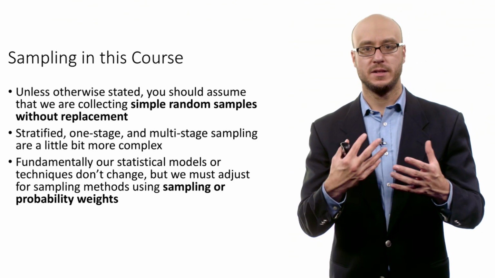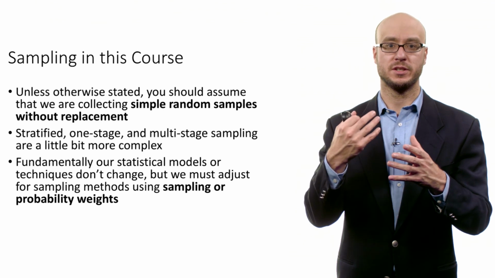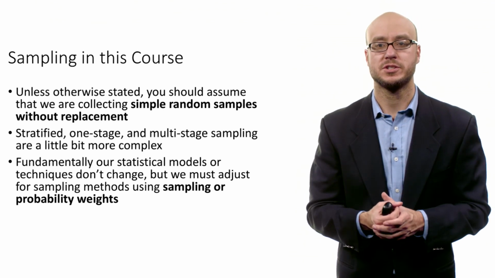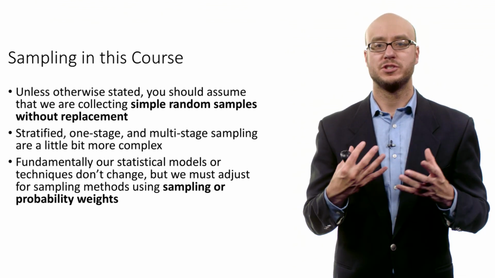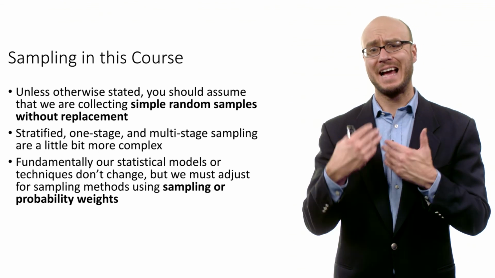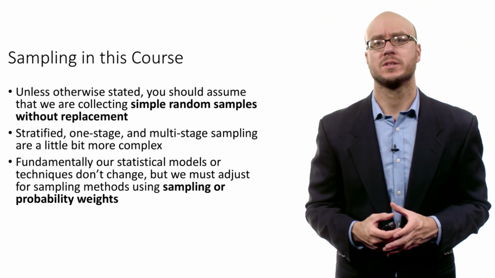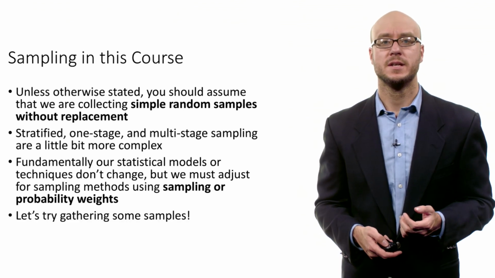That's because of the hierarchical structure of multi-stage, cluster, one-stage, and stratified sampling procedures, there are dependencies. So we have to adjust with sampling probability weights. That adds a different layer of complexity. So for this course, we're really going to focus on simple random samples without replacement unless otherwise stated.